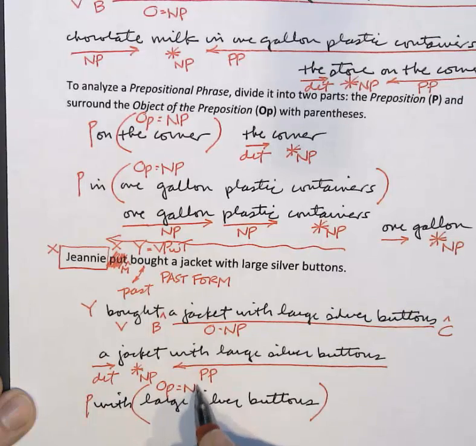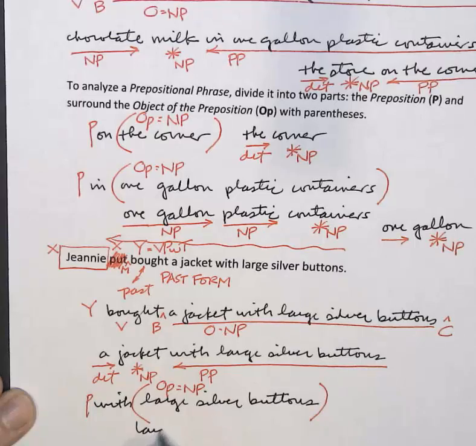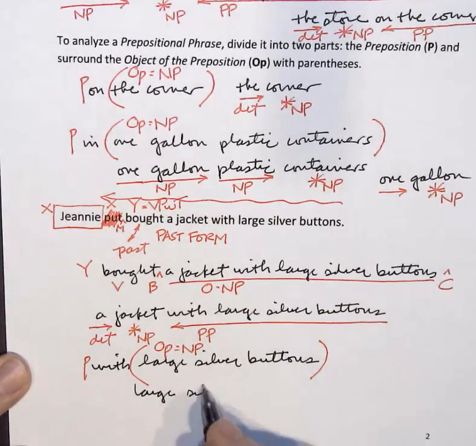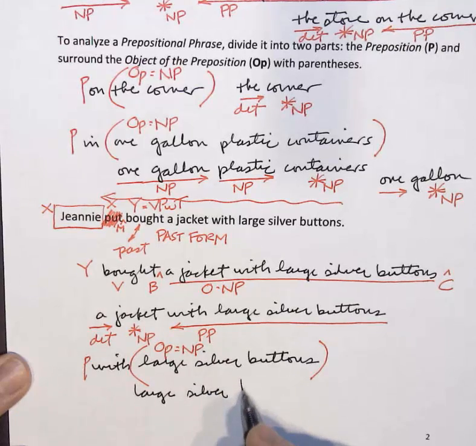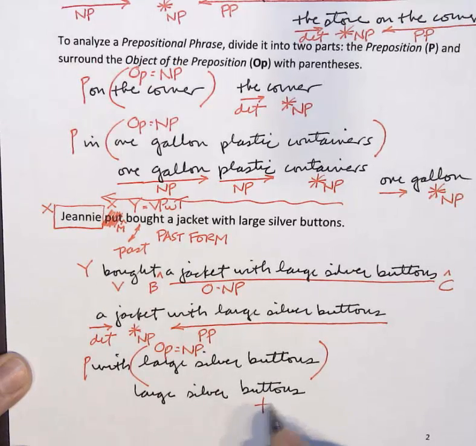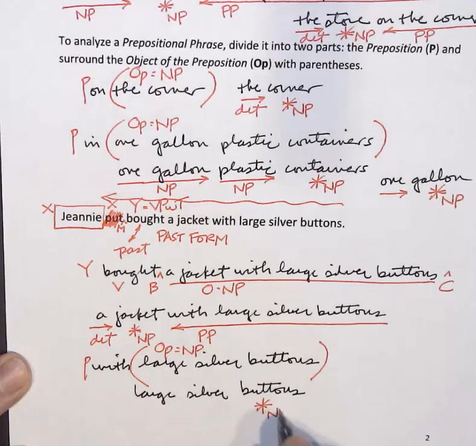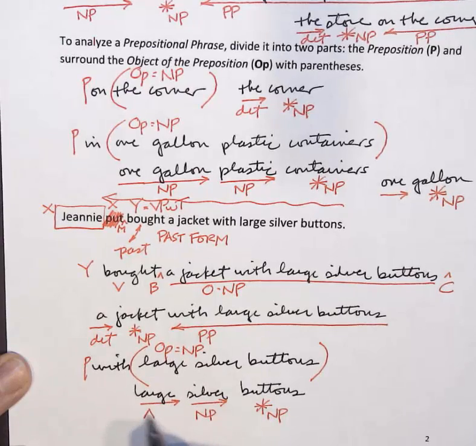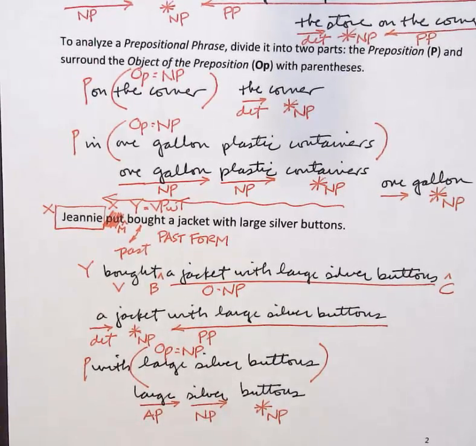Noun phrase. Rewrite the noun phrase large silver buttons, find the head, noun phrase, find the modifiers, noun phrase, large, adjective phrase, and silver is a noun phrase.